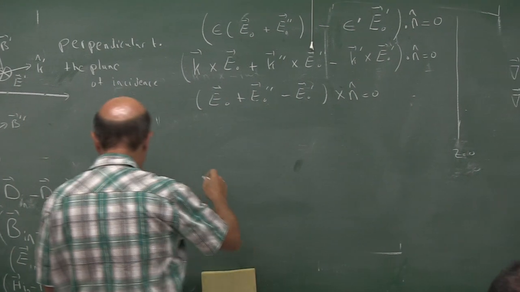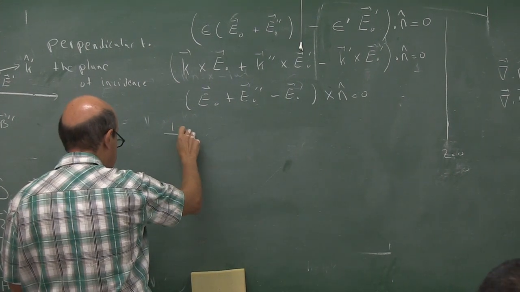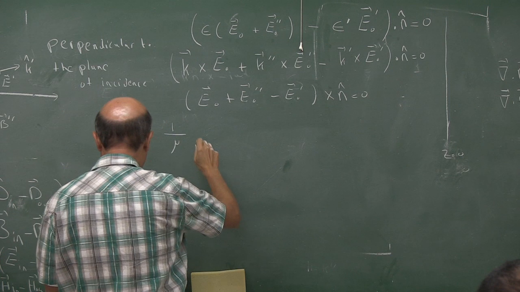So basically, frequency is the same. Divide by the mu.